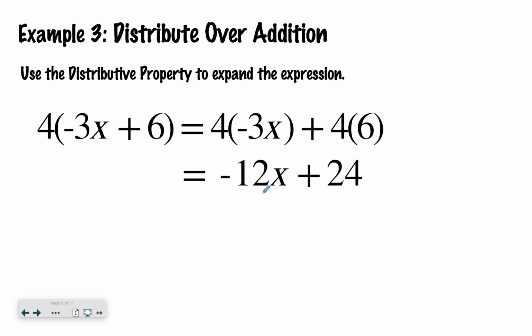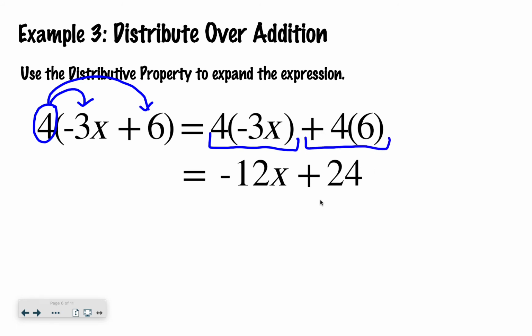So now we're going to talk about the distributive property to expand an expression, okay? So what expanding an expression means is you rewrite it like this. So you'd say 4 times this first term here, so 4 times negative 3x, and then 4 times the second term, 4 times 6.